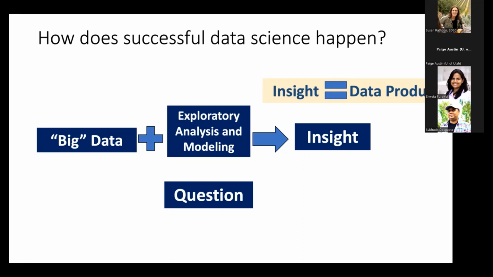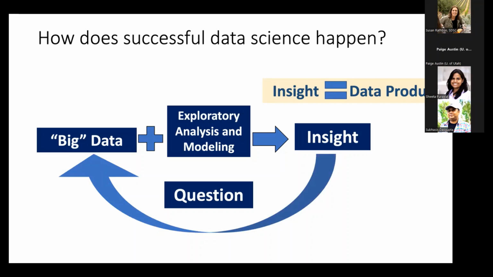And finding insight is not just a one-time static analysis problem. Once you have an initial insight, you feed it again into your models to improve them and then get better insights.